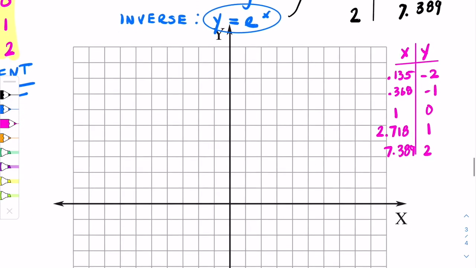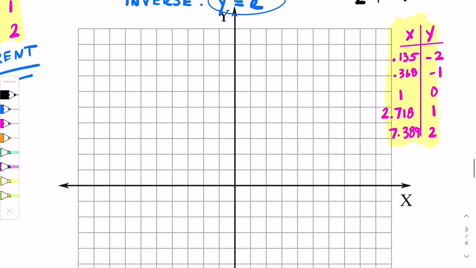These are the points for my parent function, so I can go ahead and graph these on the coordinate plane. And just do your best, like 2.718 is somewhere in that area. 7.389 is around this location. Your asymptote is still at 0. That's your parent graph.